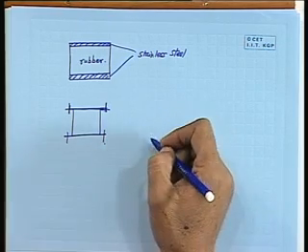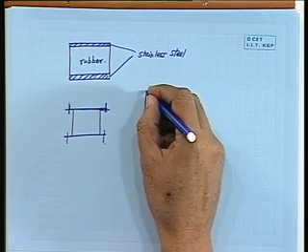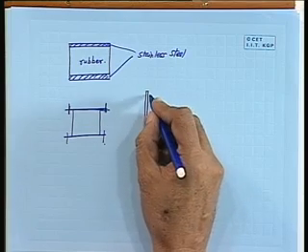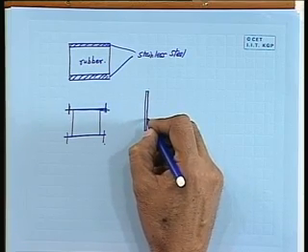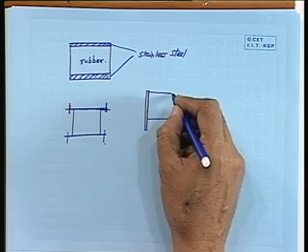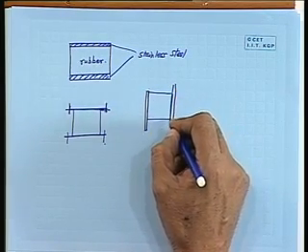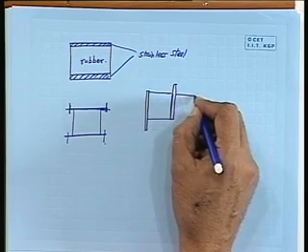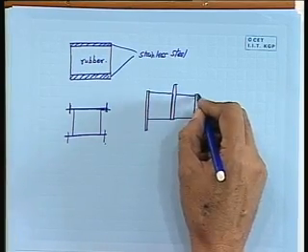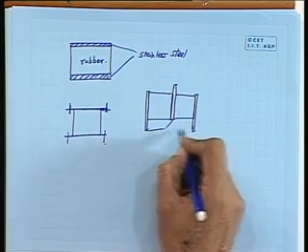Okay. Now, there is another one in which you are taking advantage of the shear stress. So, what is done here is that these are all metal here.